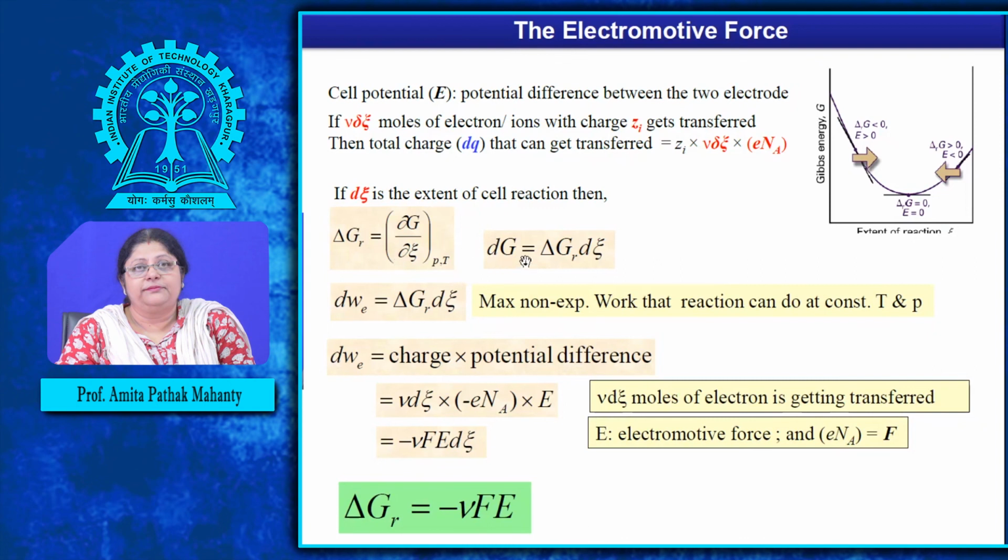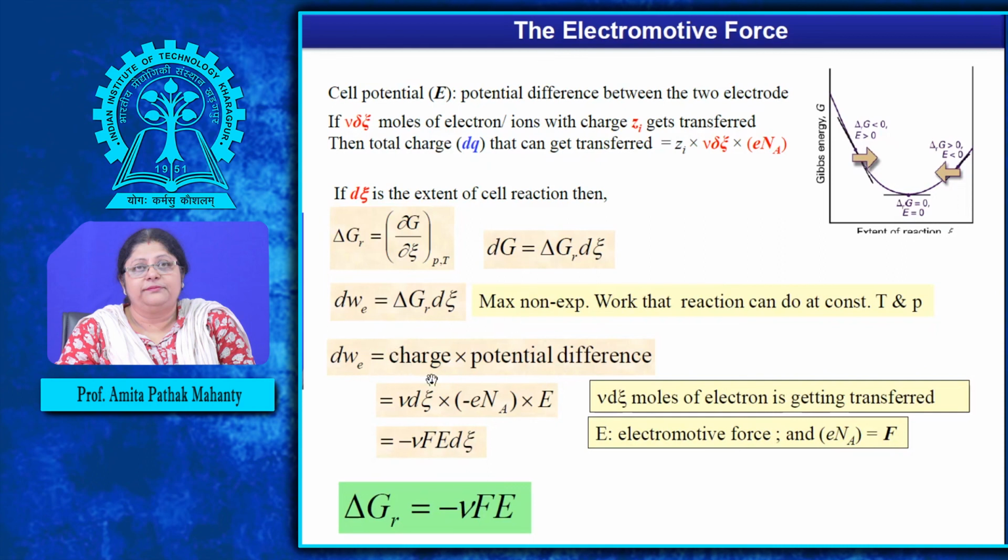Or we can write delta G is equal to delta G reaction times the progress of reaction. This we have already seen in the previous reaction equilibrium. And we know that the maximum work done at a given temperature and pressure is equal to the delta G for that particular reaction.